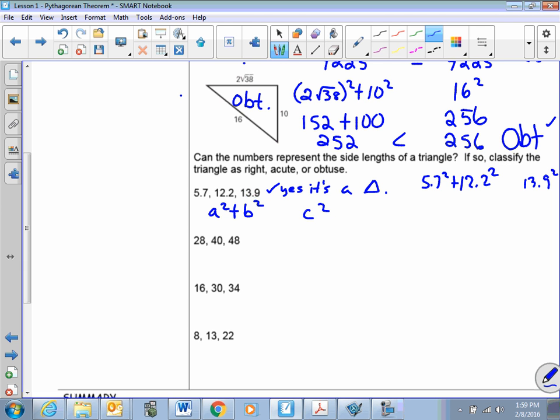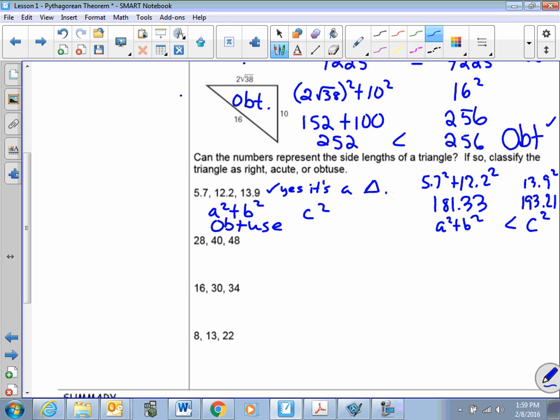And what do we get when we do all this? We get 181.33. And here I get 193.21. So c squared is greater than a squared plus b squared. Therefore, this one is obtuse. Obtuse triangle.